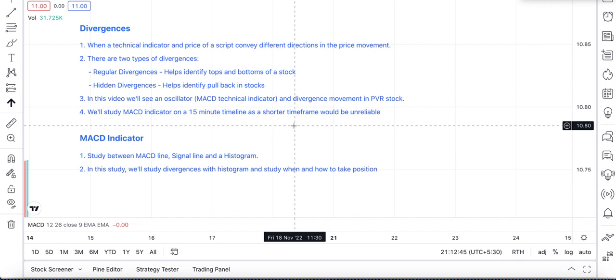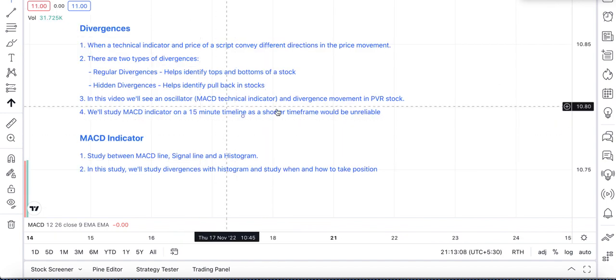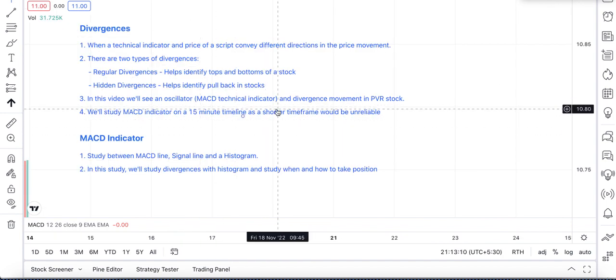For instance, if you see the price of a stock is increasing, but you are following a technical indicator which shows that the momentum of the price rise is decreasing, then you end up seeing a divergence in the market which might indicate a trend reversal. So if you're seeing a price rise and the momentum is decreasing, that's when you actually see the divergences. There are two kinds of divergences, very briefly.